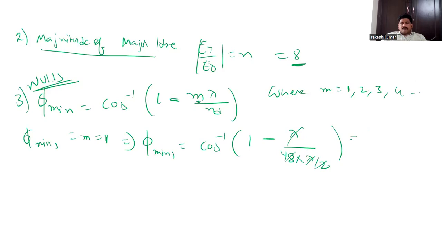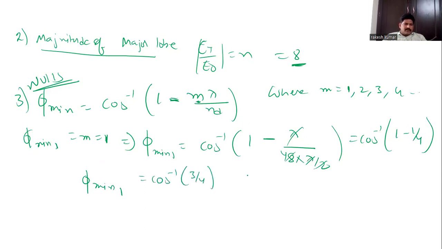So it is cos inverse of 1 minus 1 by 4, that is cos inverse of 3 by 4. The value is 41.40 degrees. Okay, next.